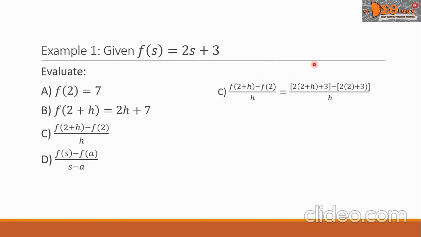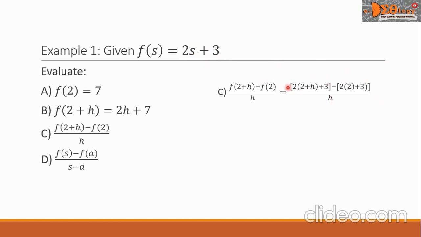Then minus the f of 2. The same idea. I will copy this function in here, and then for every s that I see, I will change it by the number 2. So we have here 2 times 2 plus 3, then all over the h.